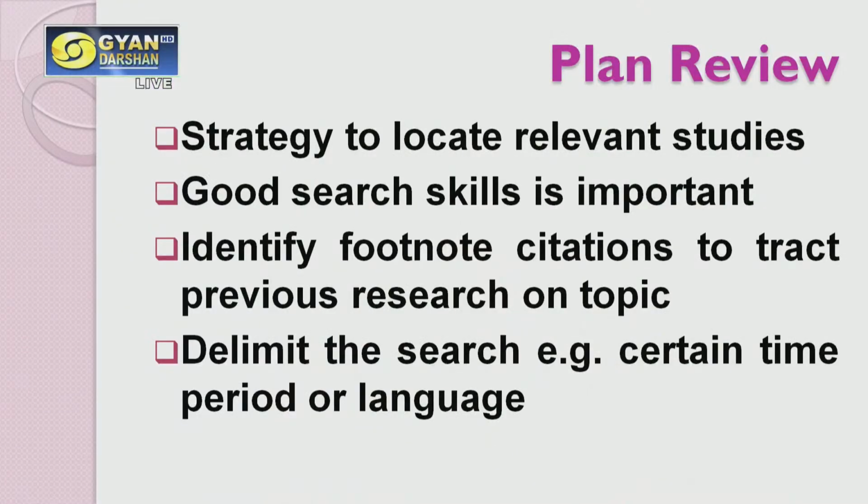Suppose you want to study from 2014 to 2024. It has to be only in the English language, or in other languages also. Your timeline, languages, dependent variables, all of these have to be planned beforehand.